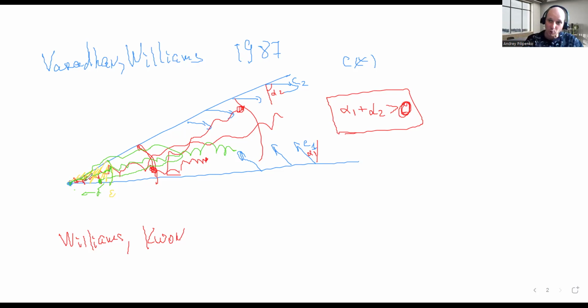And if this time converges to 0, they proved that there exists a diffusion that behaves like a reflected Brownian motion outside of the vertex and exits somehow from 0.